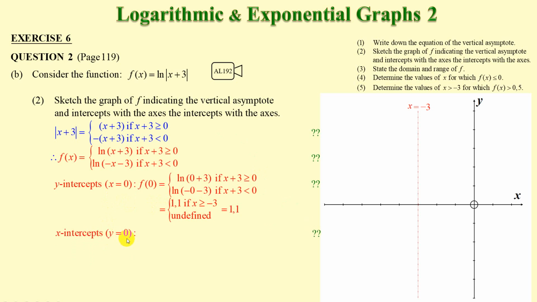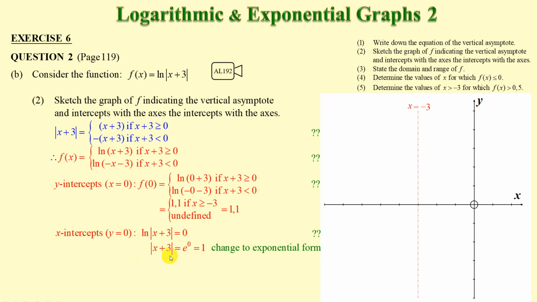X-intercepts, y equals 0. So we're going to take that and put it equal to 0. Now remember, at this stage, the first thing we have to do is get rid of the ln to be able to solve for the x. So we're going to change to exponential form, base e. So therefore, x plus 3 equals e to the 0, which is 1.